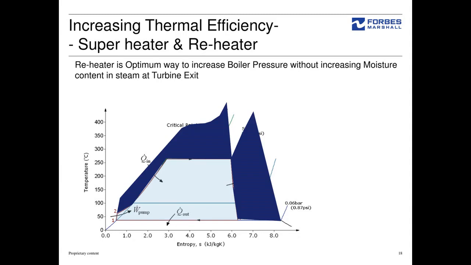So the outlet of this LP turbine will never cross a saturated line. By introducing reheater and increasing pressure of the boiler, both together, we could increase thermal efficiency of the power plant quite well.